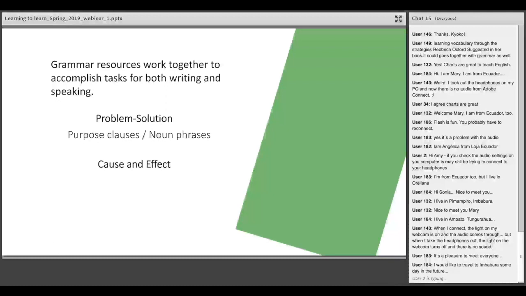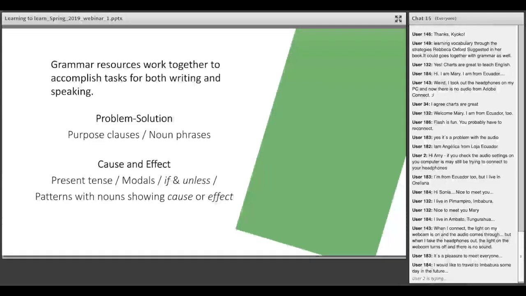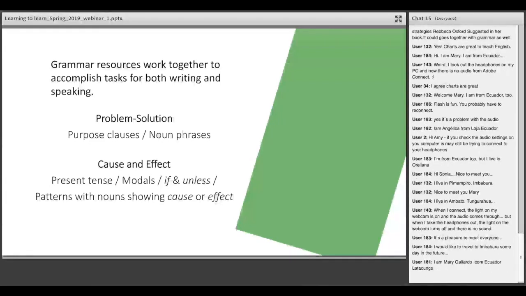When we think about cause and effect writing tasks, we see that present tense is really common. We get modals. We get if and unless. So if this happens, then this effect is blah, blah, blah, unless we do something else. And we also have some patterns of cause and effect with nouns that are really common.